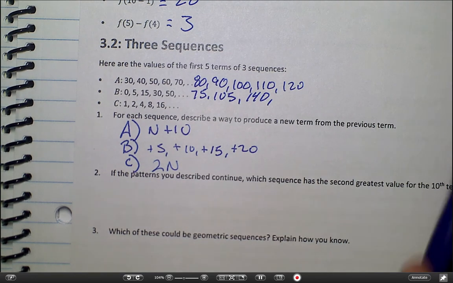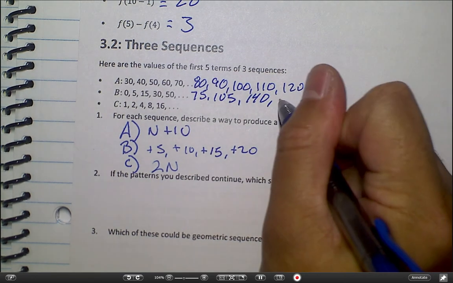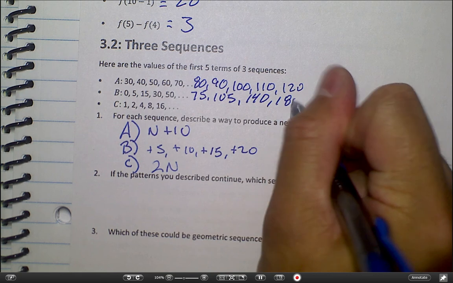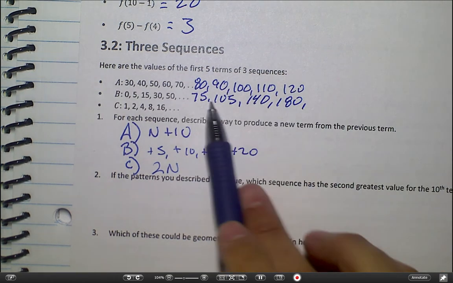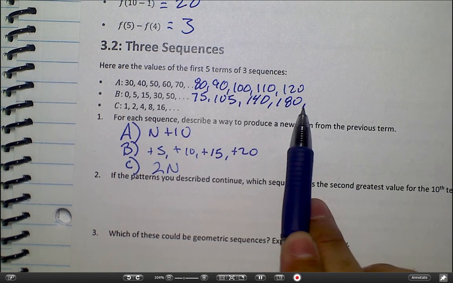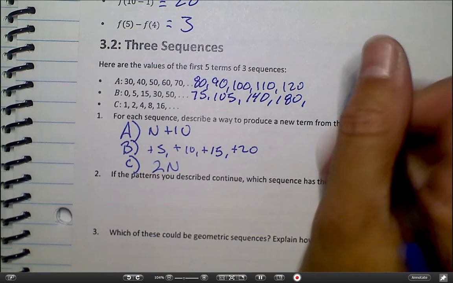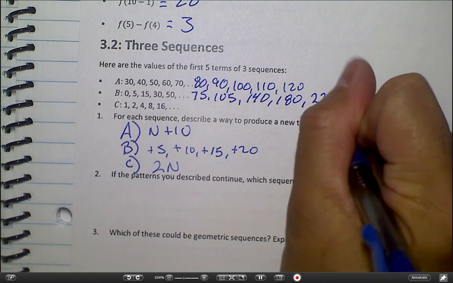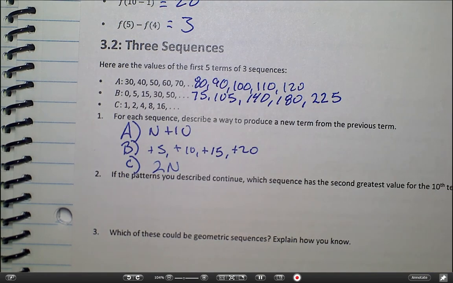And now I'm adding 40, and then I'm going to add 45, which is 225. You got this. Good job.